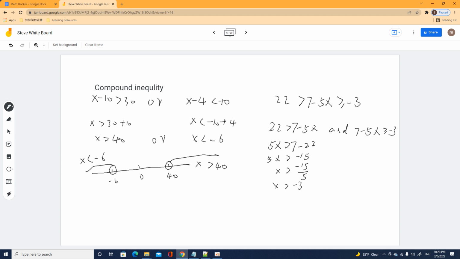Okay, this is the solution for this one. Now we solve this one.